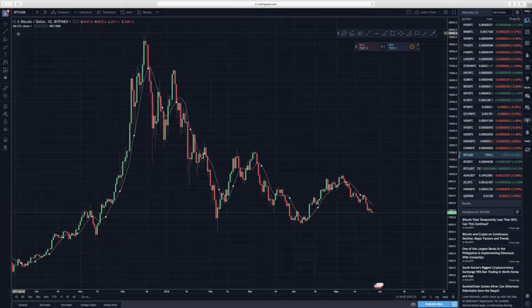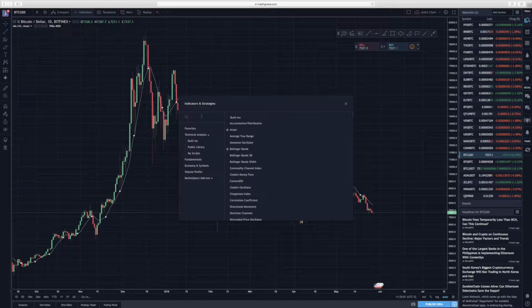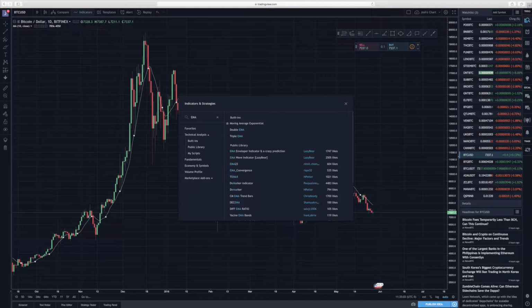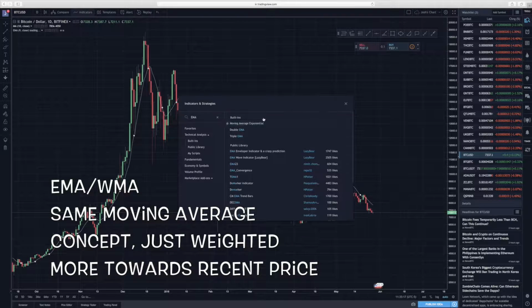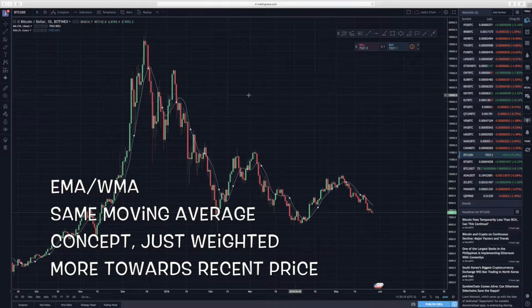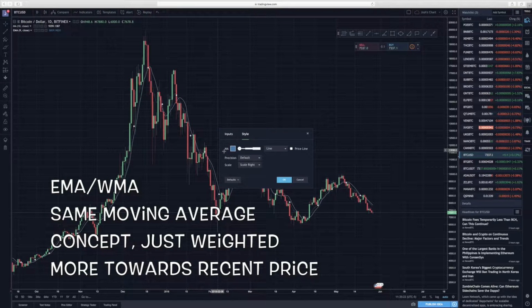There's one more type of moving average, and that's exponential or weighted. You can find that here, either under EMA, the exponential moving average, or WMA, moving average weighted. Both of them are the same. Let's do EMA. What that means is the moving average is a little bit more weighted towards the more recent prices.